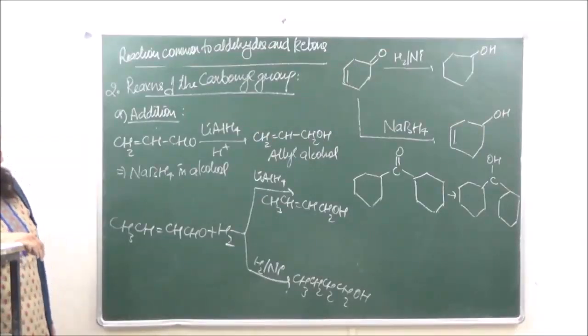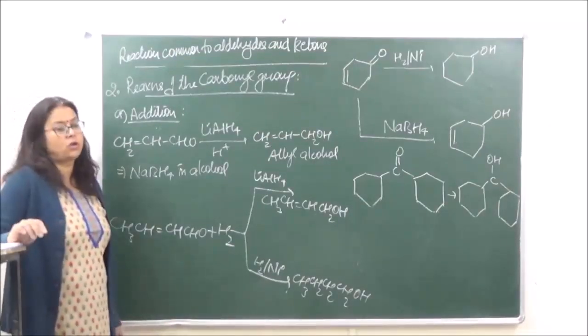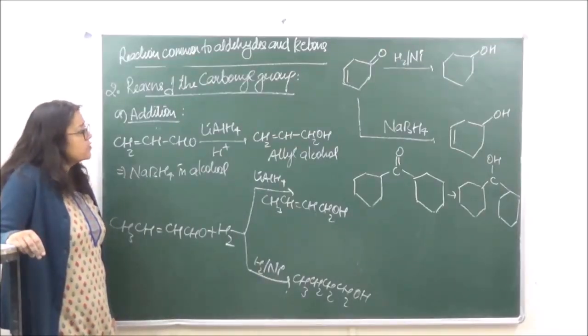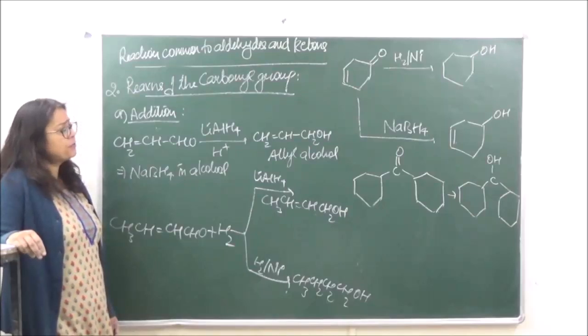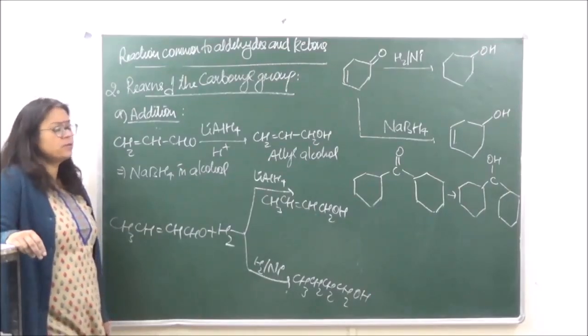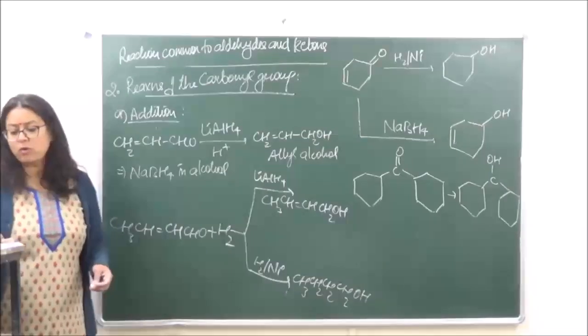So this is dicyclohexyl methanol. Okay? So now I have taken different reactants over here, but the same kind of reaction. It is only the C=O which is going to be hit. Rest is going to remain the same if we are taking lithium aluminium hydride or sodium borohydride.